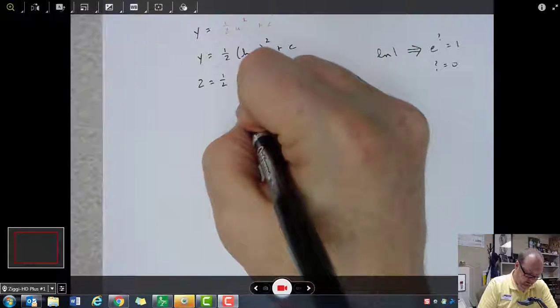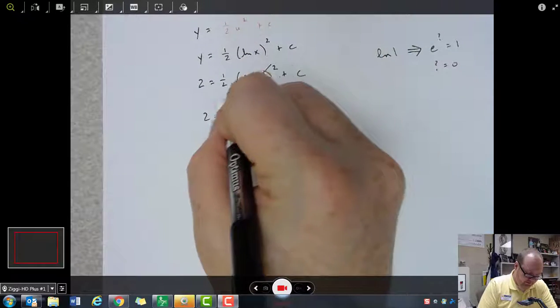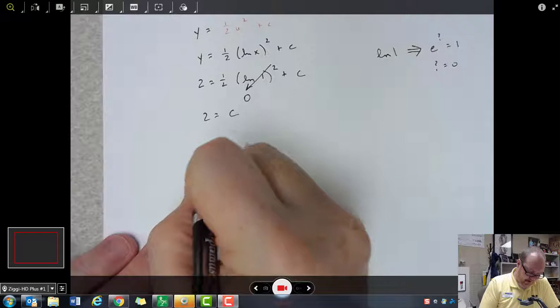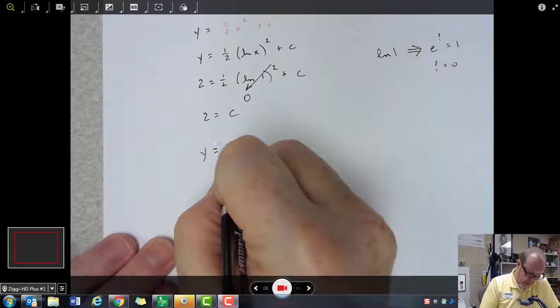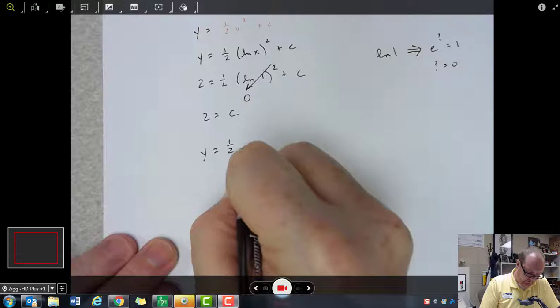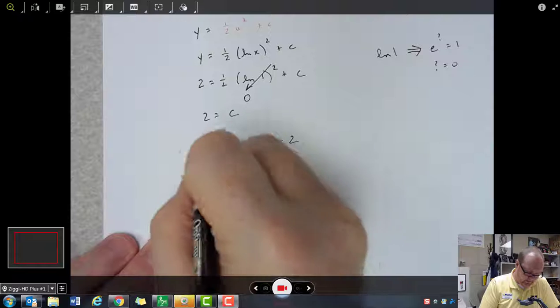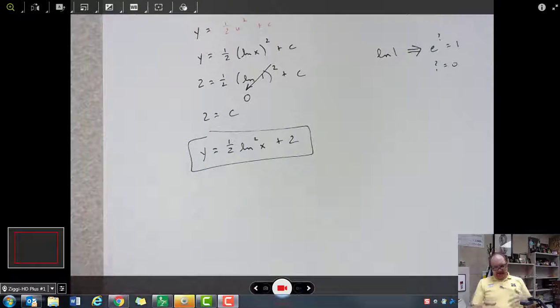So this whole thing is 0, which makes that whole term be 0. It looks like c is just a 2. So my particular solution here is 1/2 the natural log squared of x plus 2. You can verify that by taking derivatives and so on and substituting those things back into the original problem.